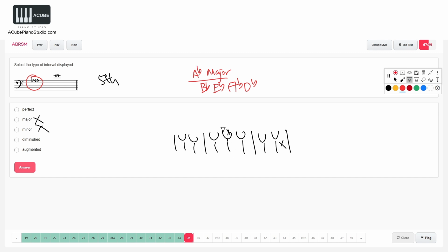So A flat major, my E should be E flat. So from A flat to E flat is perfect. But now it's not from A flat to E flat, it's A flat to E, which is 1 semitone larger than that of perfect fifth. So 1 semitone larger, it goes from perfect to augmented.